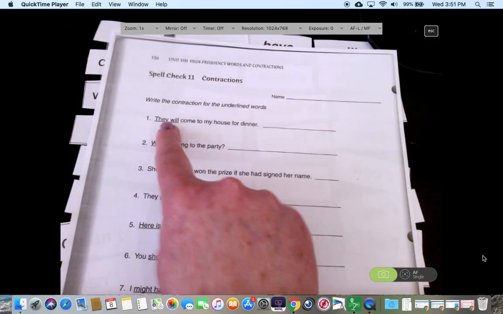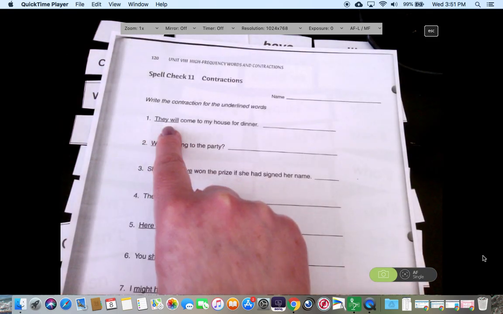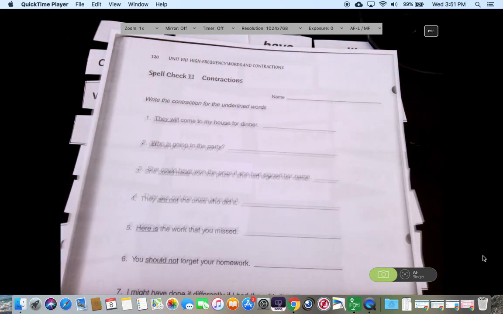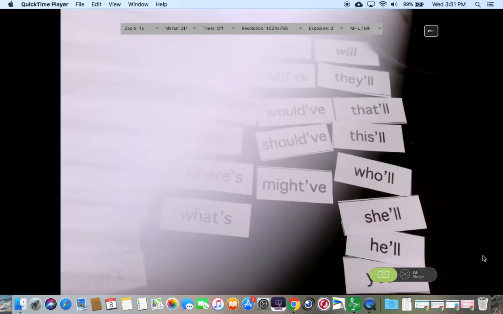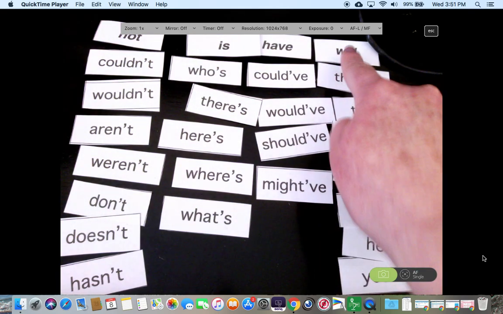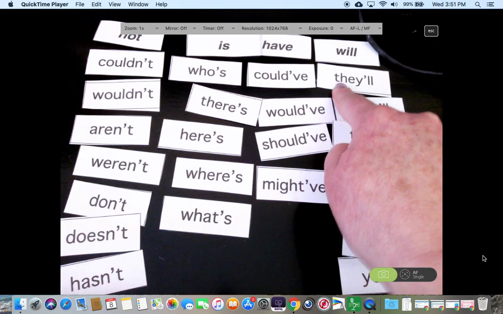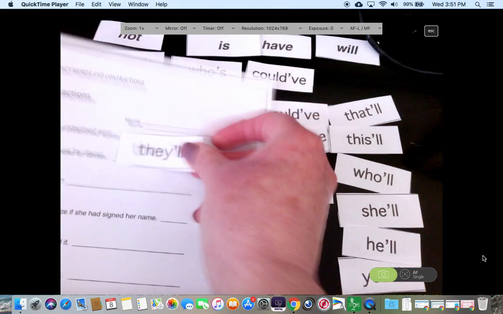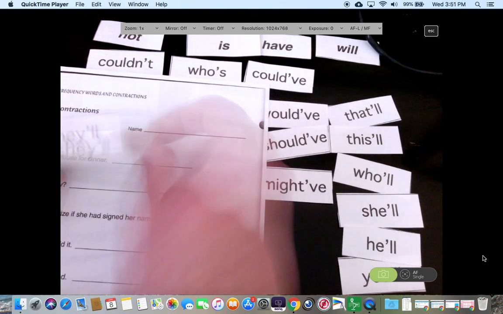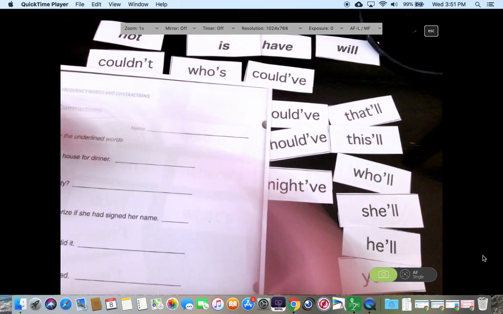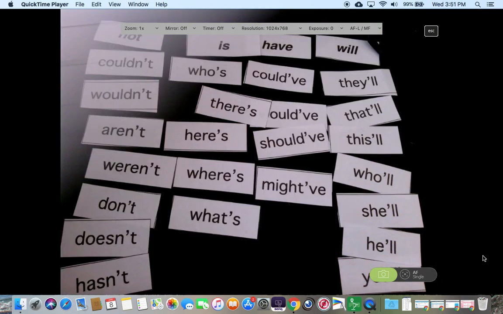So here, it says they will come to my house for dinner. Can you shorten that as a contraction? Which of these words would make sense? They will. So we would go to our will column. I see they'll. So then I would look at my word, and then I can write they'll on my line and make sure that I'm writing my apostrophe for my contraction.